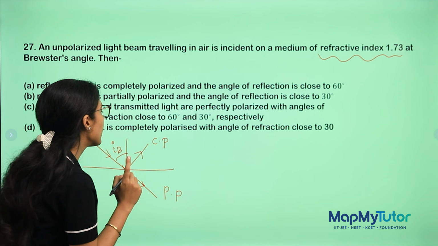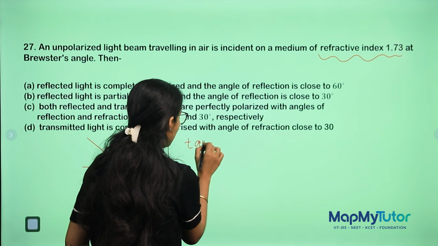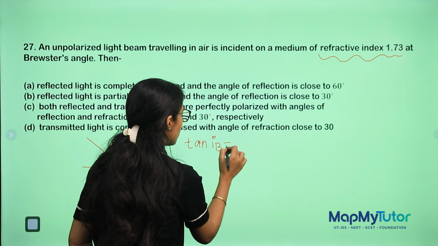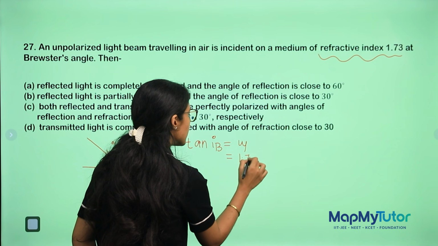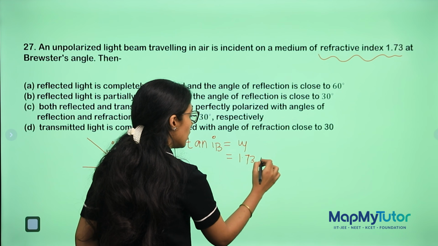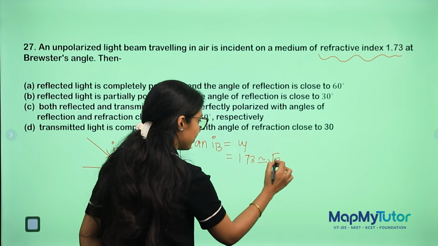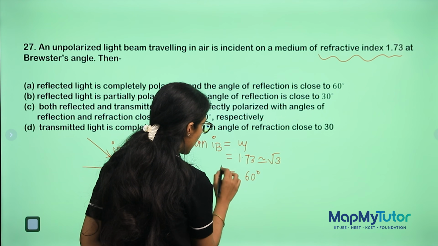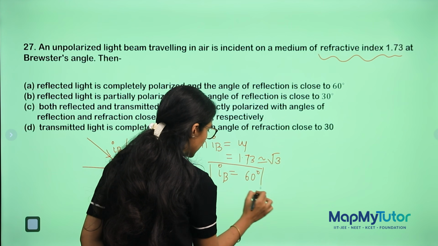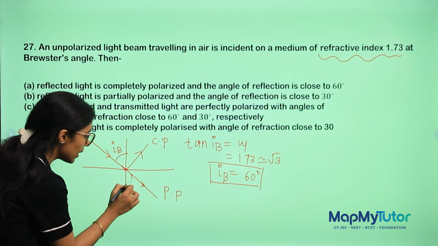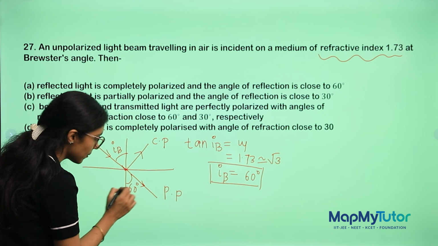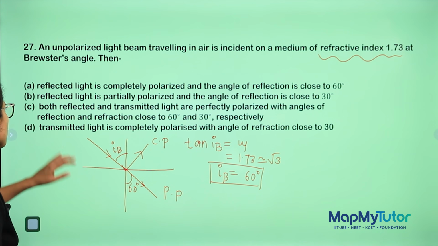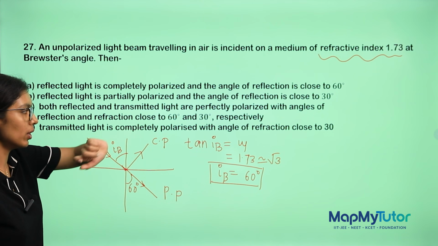The one which is refracted is partially polarized. And I know this is the angle IB. We know Brewster's law also tells tan IB is mu. Mu is given to be 1.73 in the question, which is close to root 3. So when is tan root 3? Root 3 is at 60 degrees. So IB turns out to be 60 degrees. If IB is 60 degrees, IR is 30 degrees. Now let's see the options. Reflected light is completely polarized?